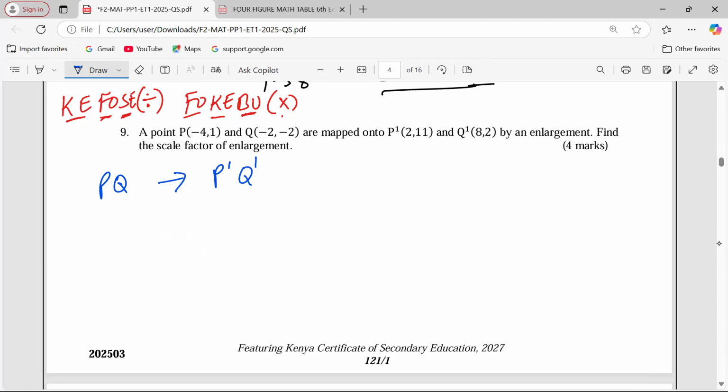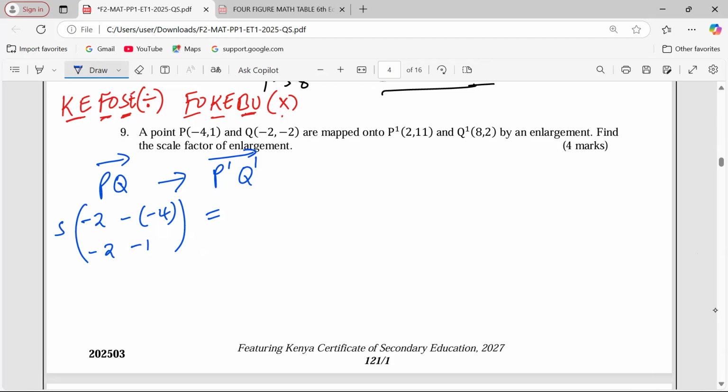What is that? So we can say the length of the first vector, we treat them now as vectors. PQ, we need -2 minus -4. Then for the x, and for the y, -2 minus 1. This is a vector which can be multiplied by a certain scale to give us the other vector, which is P prime Q prime.